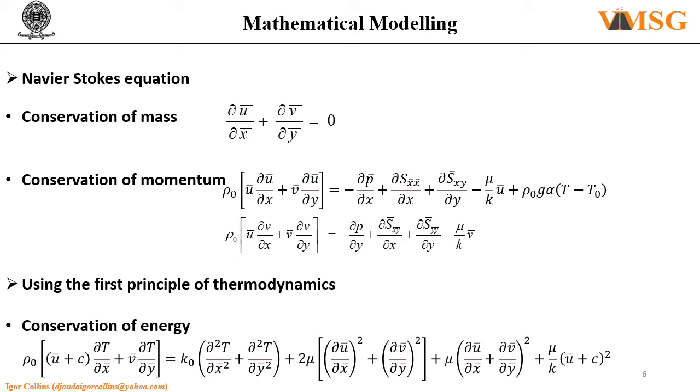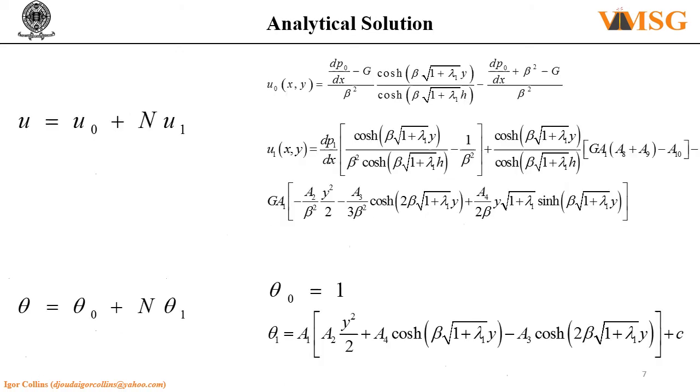For the motion equation, we got it using the conservation of momentum. The forces due to acceleration are equal to all the forces that affect magma motion, which are the pressure forces, forces due to rheology, forces due to friction, due to viscosity, and forces due to buoyancy. The last equation is obtained using the first principle of thermodynamics, and it is the equation of energy conservation, which is described by this relation. After resolution, we got the expressions of u, which is the velocity, and theta, which is the temperature.